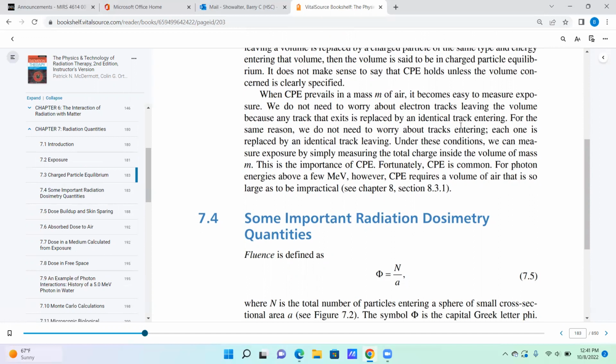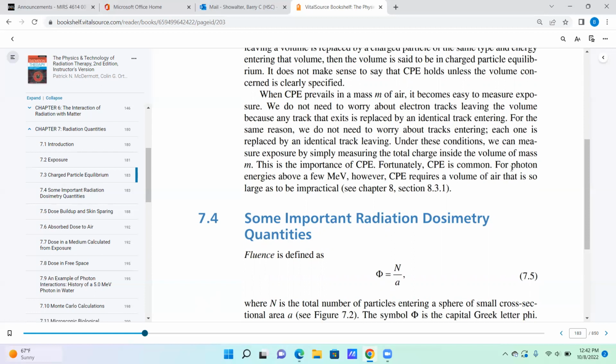We don't need to worry about electron tracks leaving the volume, because any track that exits is replaced by an identical track entering. For the same reason, we don't need to worry about tracks entering; each one is replaced by one that's leaving. Under these conditions, we can measure exposure by simply measuring the total charge inside the volume of the mass. That's why CPE is so important. You don't have an imbalance; you're not worried about not counting things or double counting things.